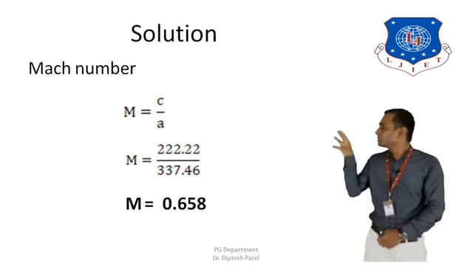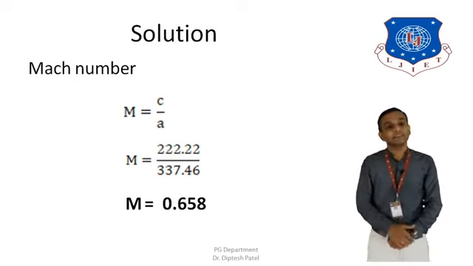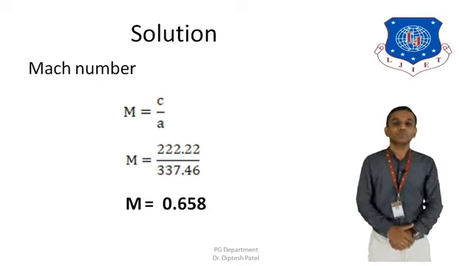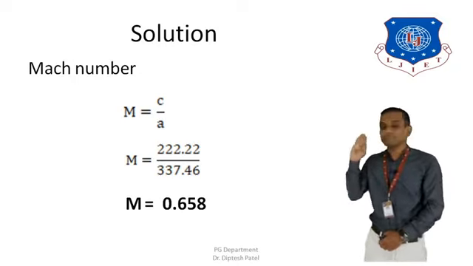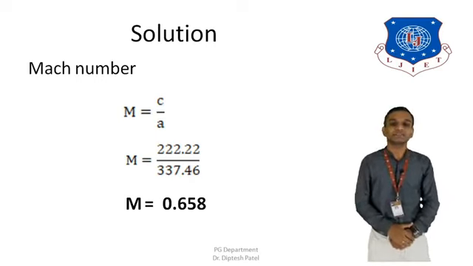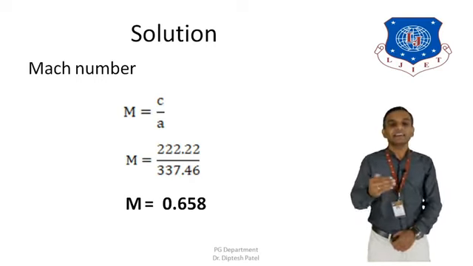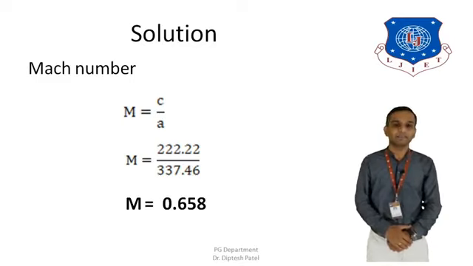So M is equal to 222.22 divided by 337.46, and going through the calculation we get M as 0.658. This is our last finding, the Mach number.